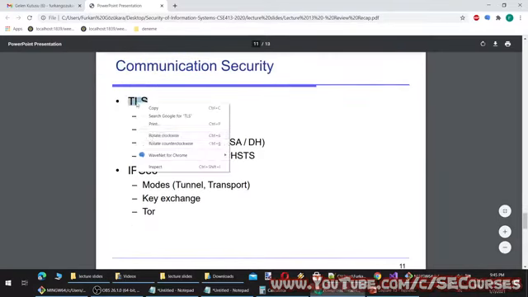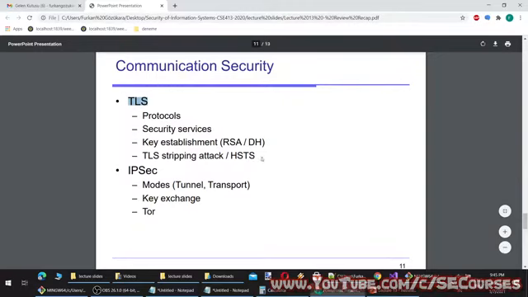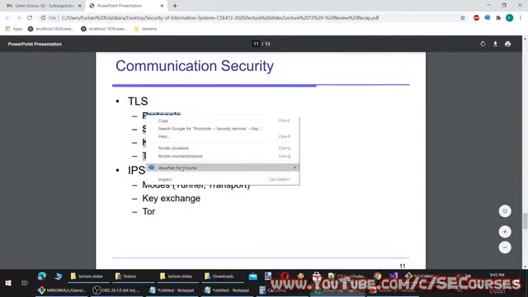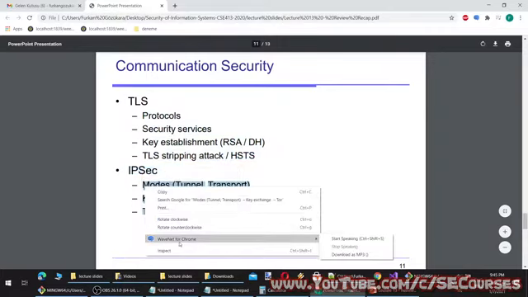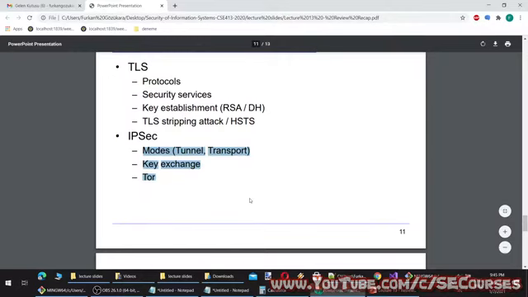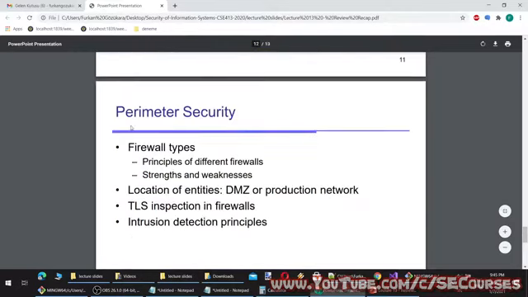Communication security. TLS. Protocols, security services, key establishment, RSA, DH, TLS stripping attack, HSTS. IPsec. Modes, tunnel, transport, key exchange, Tor.